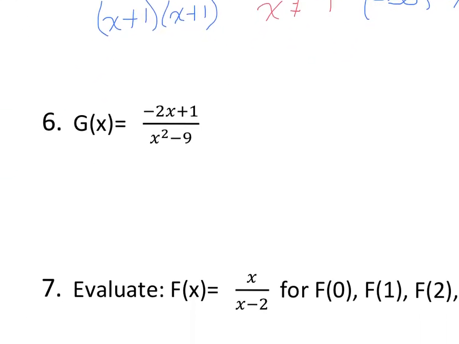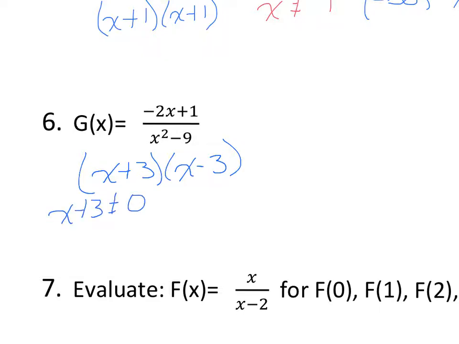All right, we're going to do domain again on number 6. So we need to factor this denominator, which is the difference of squares. So x plus 3, x minus 3. And that means that x plus 3 cannot equal 0, and x minus 3 cannot equal 0.